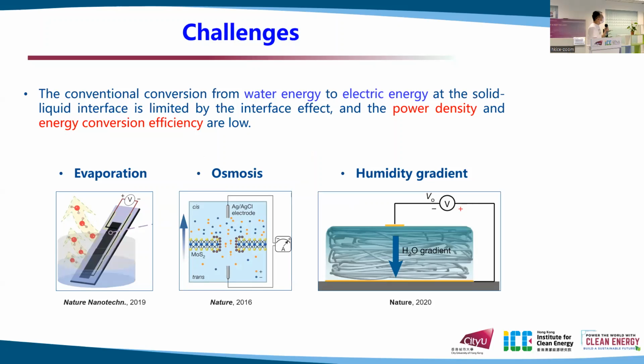However, these techniques harvest the water energy from the interfacial effects between the water and the materials. Therefore, these techniques lead to a low power density and a low energy conversion efficiency. So my work is to solve this efficiency problem and achieve high-efficiency water energy harvesting.